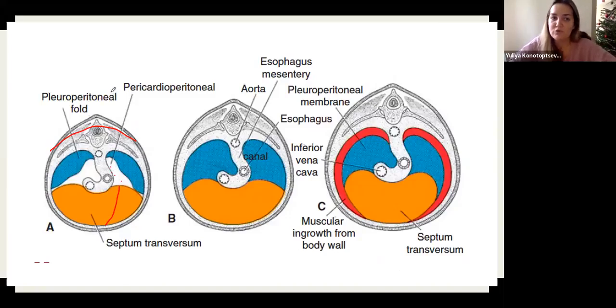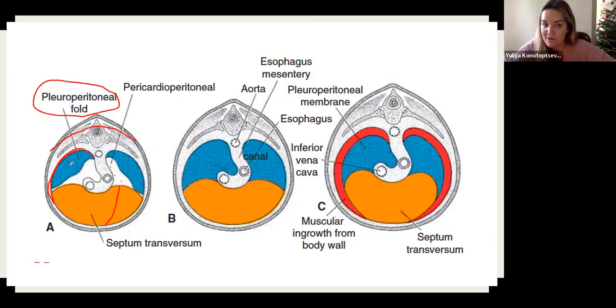We have something which is known as the pleuroperitoneal fold. Pleuroperitoneal fold is the extension of the parietal mesoderm, because it is located on the lateral border of your body, right? So this is a parietal mesoderm. What's going to happen?